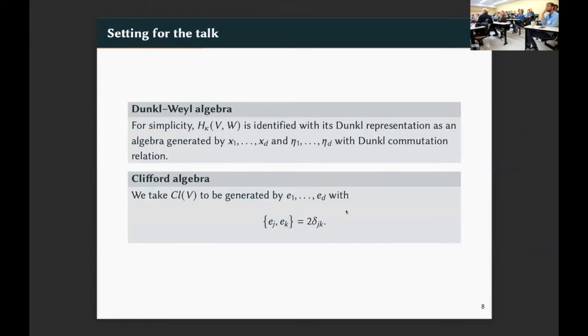In this presentation, you get a Weyl algebra, so you have an algebra of x's and derivatives, but then you exchange your derivatives for Dunkl derivatives, and you get the same relations that we had to define the rational Cherednik algebra. So in this talk, this is the setting we will use. We will view our rational Cherednik algebra as the Dunkl representation.